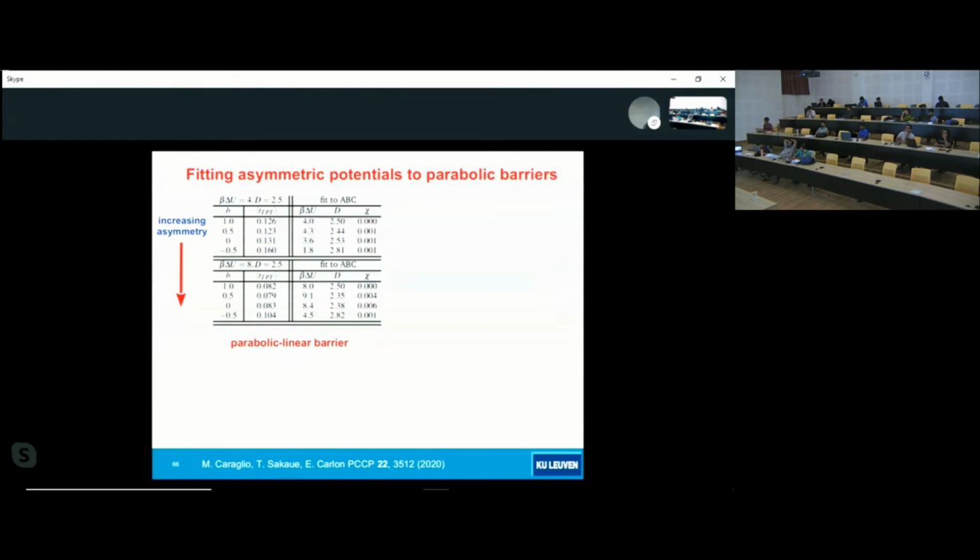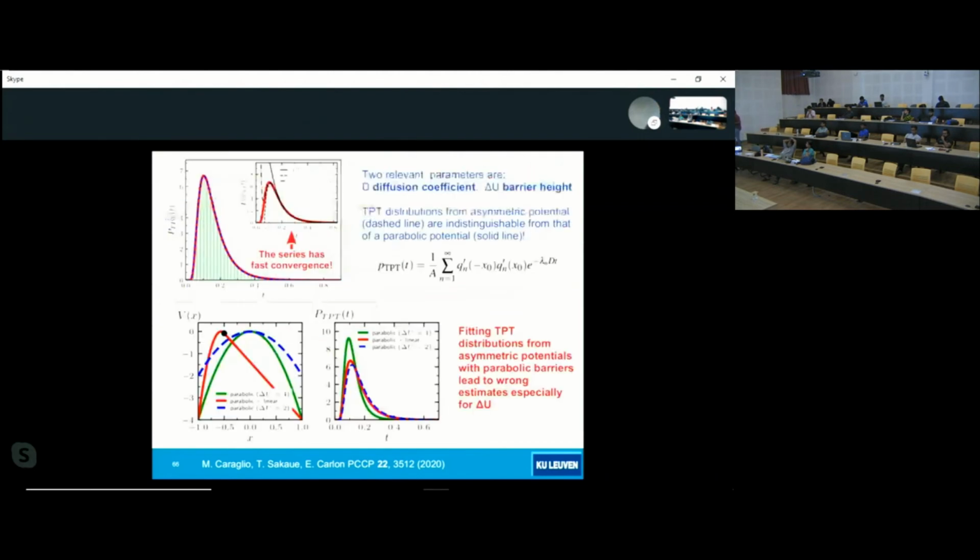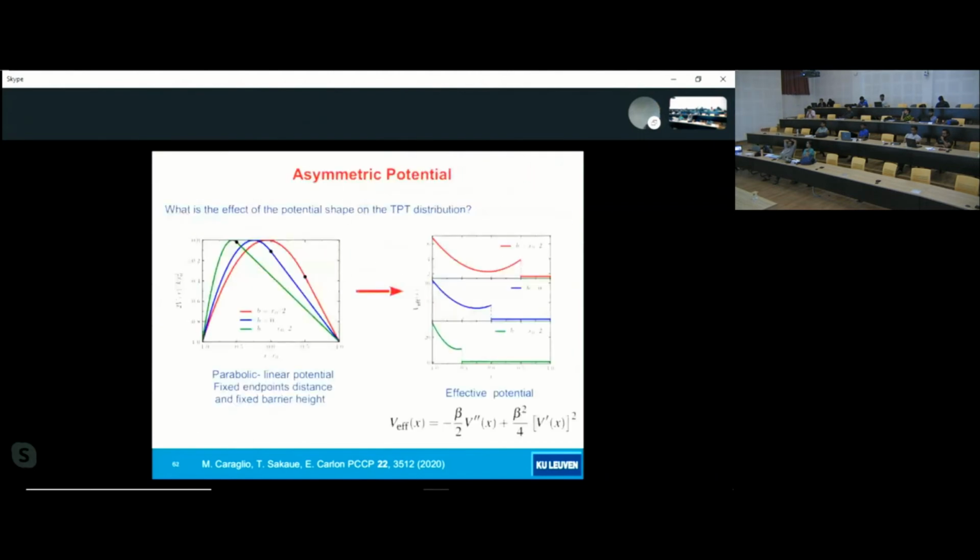If you look at this table, the top gives you beta delta U equal to 4 and D equal to 2.5. These are fixed. And then there is a B coefficient. The B tells me the increasing asymmetry of my potential. This is the same parameter that I have in this curve here; B is the position of the circle in this potential graph.